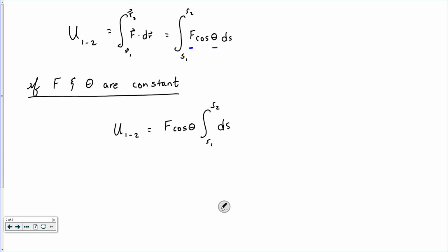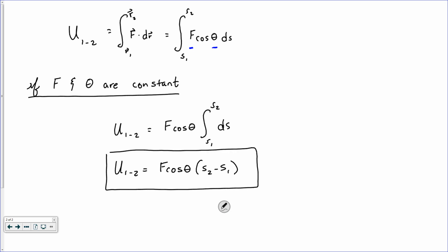Now that's a pretty simple integral for us to evaluate. The work done from 1 to 2 is F cosine theta times S2 minus S1. This is only true if both F and that angle that the force makes with the displacement are constant. If that's true, then we can immediately jump to this equation that I've boxed. If F changes over time or over position, or if the angle it makes with the displacement changes, then we have to use one of these two equations up here that I'm circling.